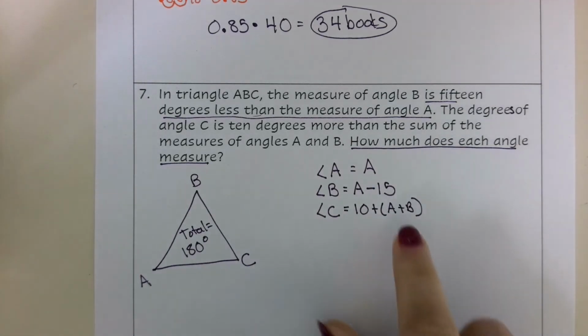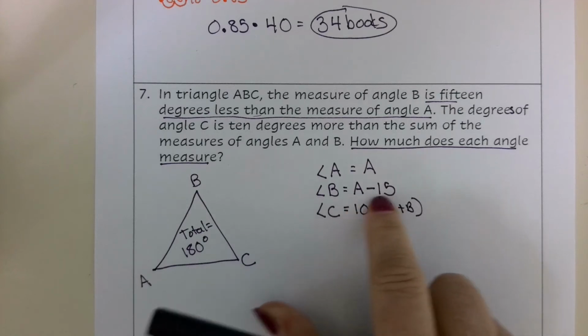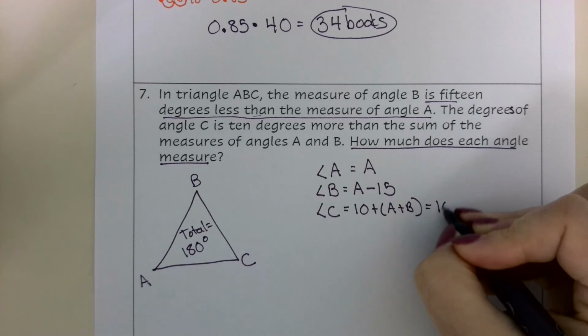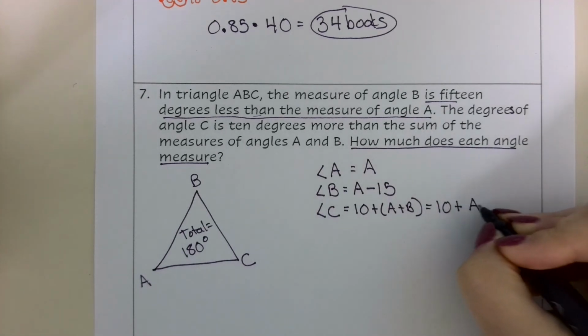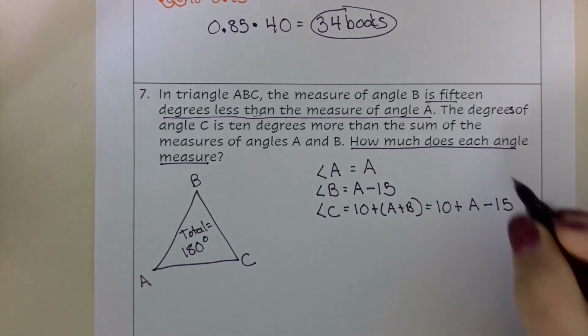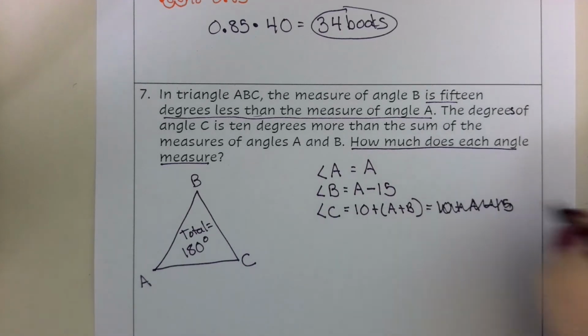Well, I know what B is in terms of A. So let's substitute this A minus 15 for the B. So I've got 10 plus A. Okay, I forgot the other A. So I'm going to just rewrite that so I don't confuse things.